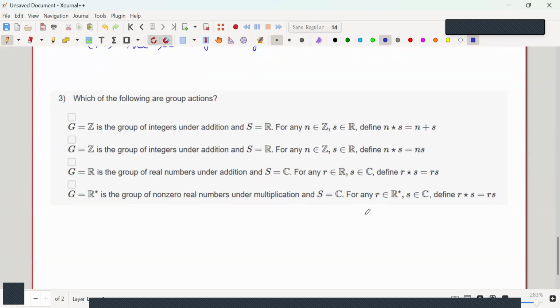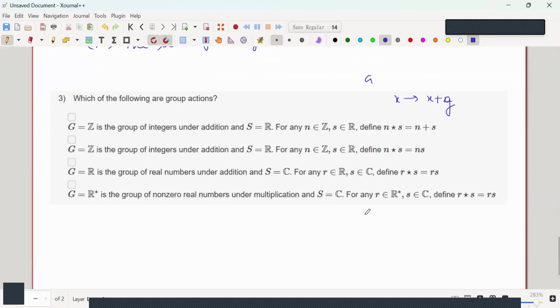Now the first example: G is the group of integers under addition, and S is the set of real numbers. What this group is doing is sending the element small s to n plus s. In one of the examples that I discussed, we were just mapping x to x plus 2. So here, 2 is replaced by x plus g.